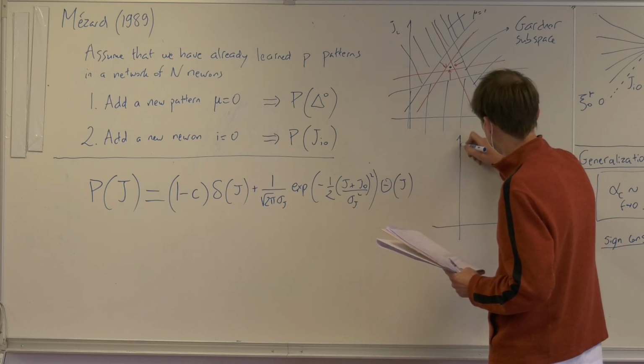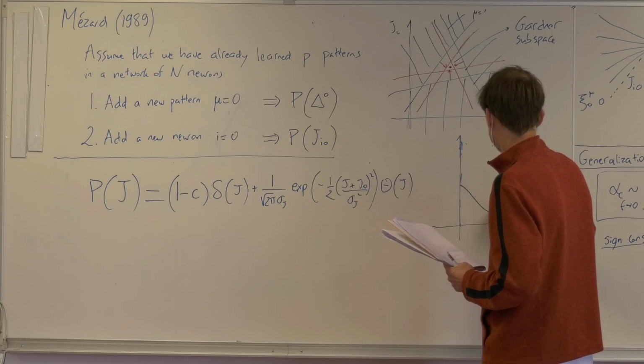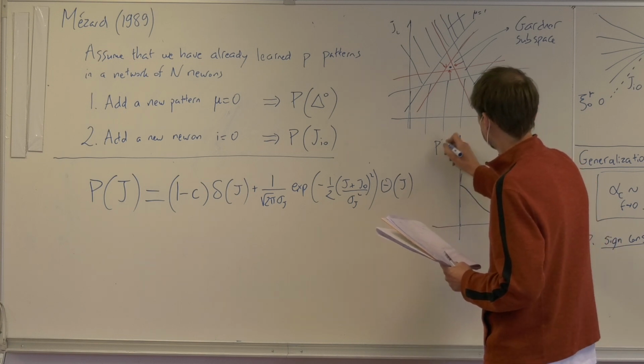You have this delta function here, and then you have this truncated Gaussian.